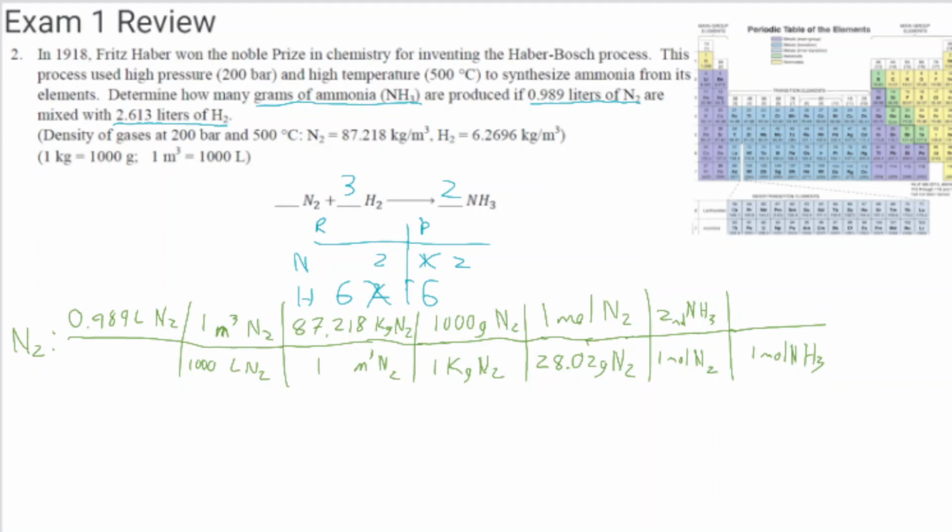So we're going to say for every 1 mole of NH3, we can use our periodic table, and we can add together nitrogen at 14.01, and then hydrogen, which is in the upper left corner here. We have 3 of those, so we'll do 1.008 multiplied by 3, and we add all that up together, and we get 17.034 grams of NH3.